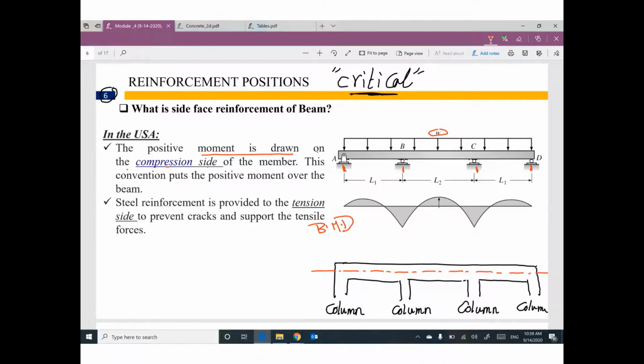Sometimes we have positive moment, negative moment, positive, negative, positive. I'm talking about moment sign convention in the United States. Moment is drawn on the compression side of the member.